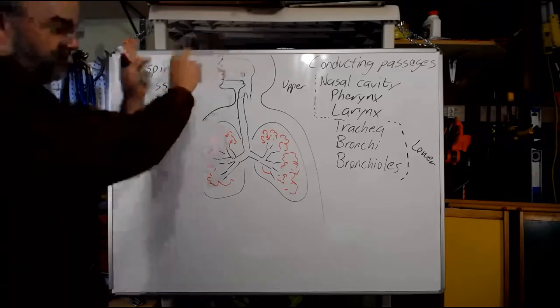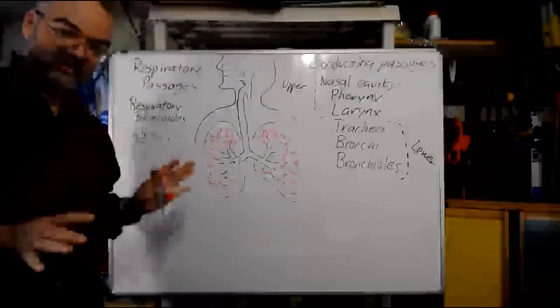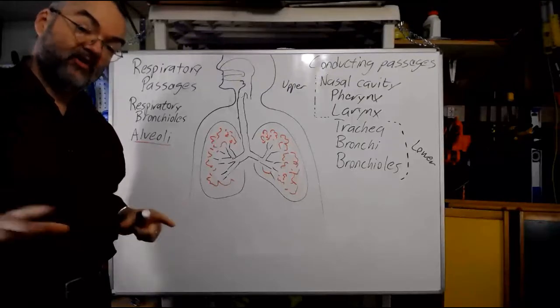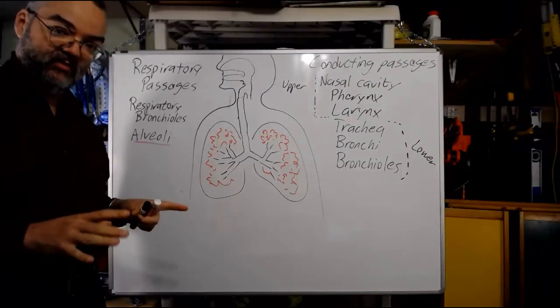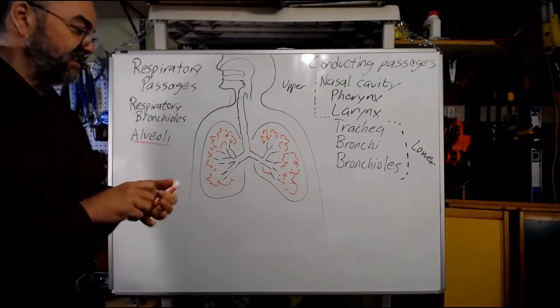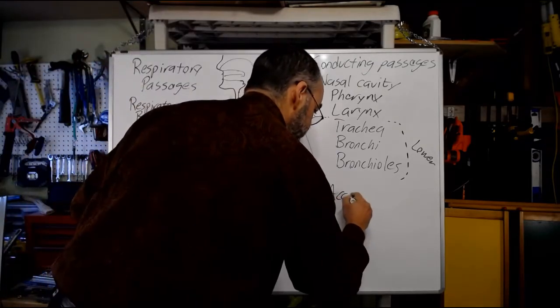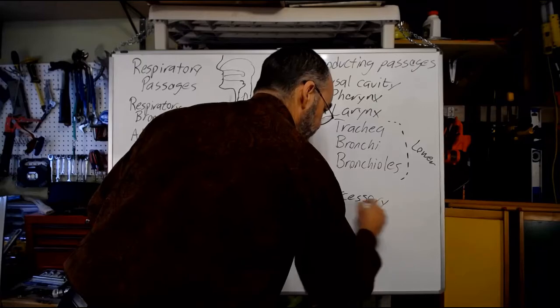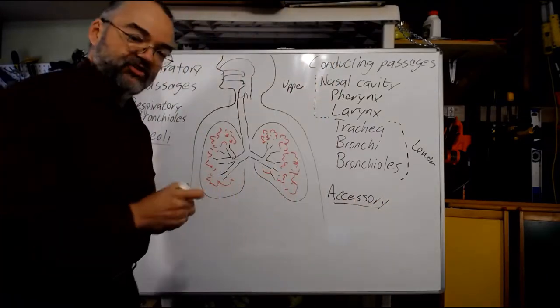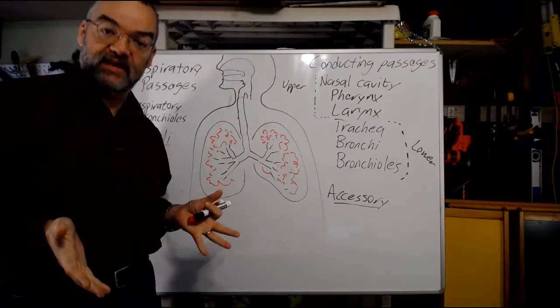So we've got the conducting passages and the respiratory passages. The other part of the respiratory system that we may want to talk about a little bit are sort of the accessory structures. These are the structures that help us to move the air around.